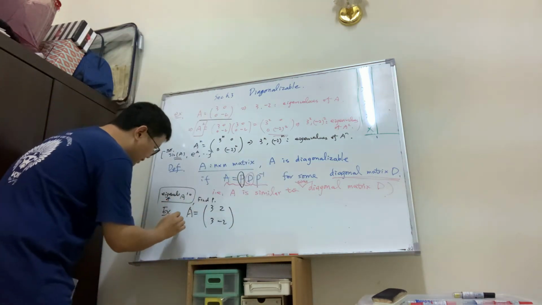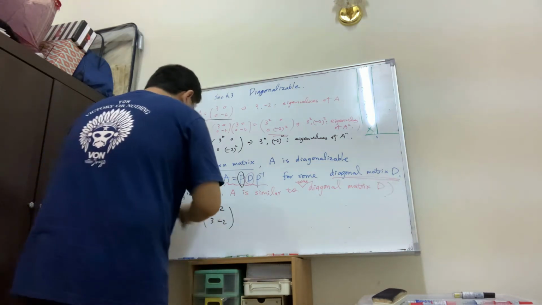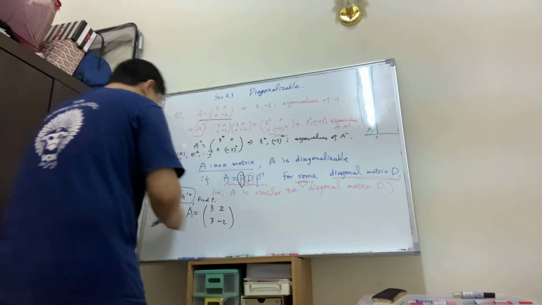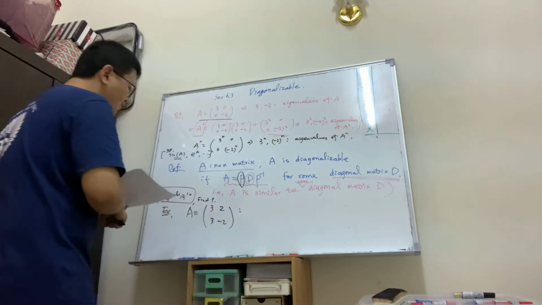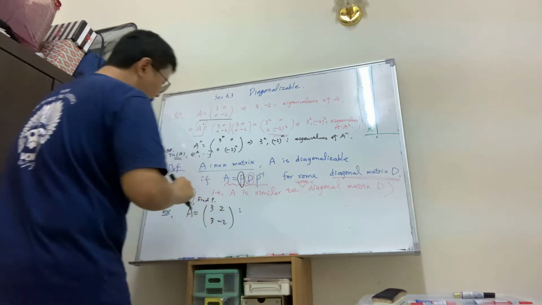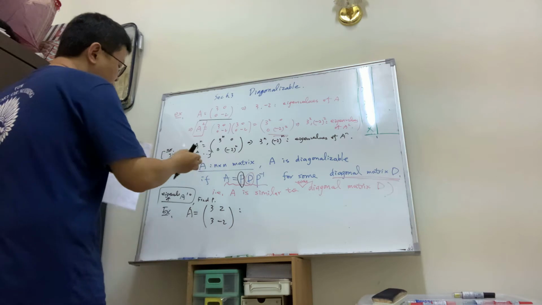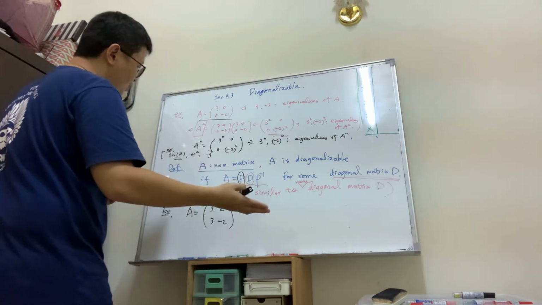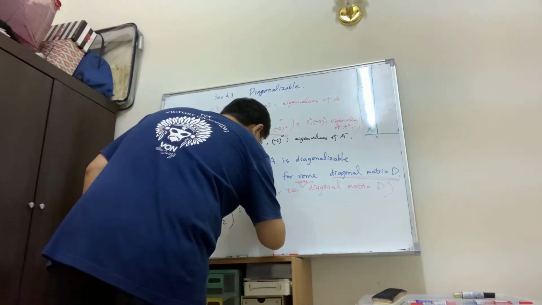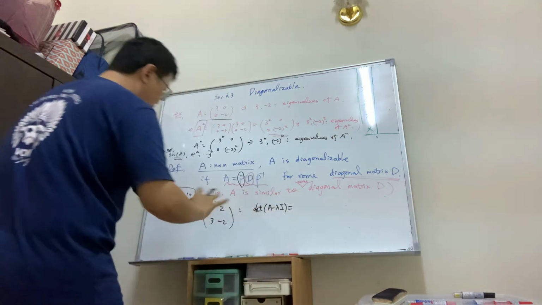Actually, for this matrix A, it's diagonalizable, but how to see that? First of all, of course, you should figure out its eigenvalue. In order to find it, we use the example in section 6.1, so we could try it quickly.